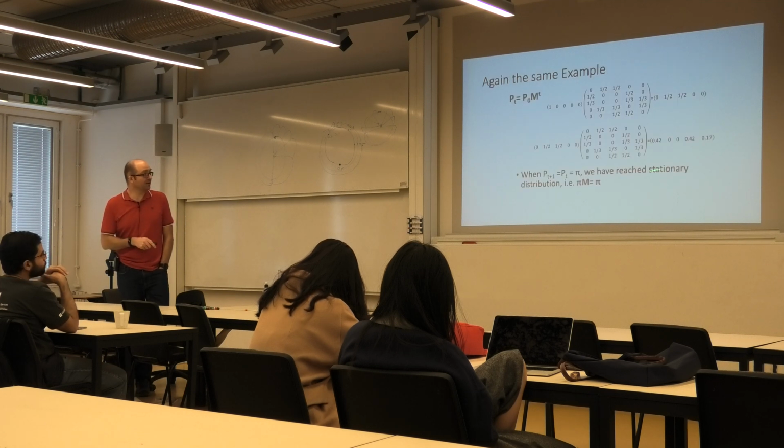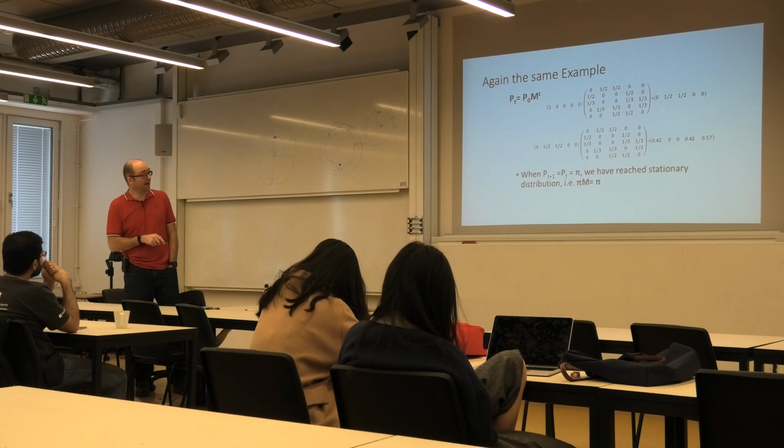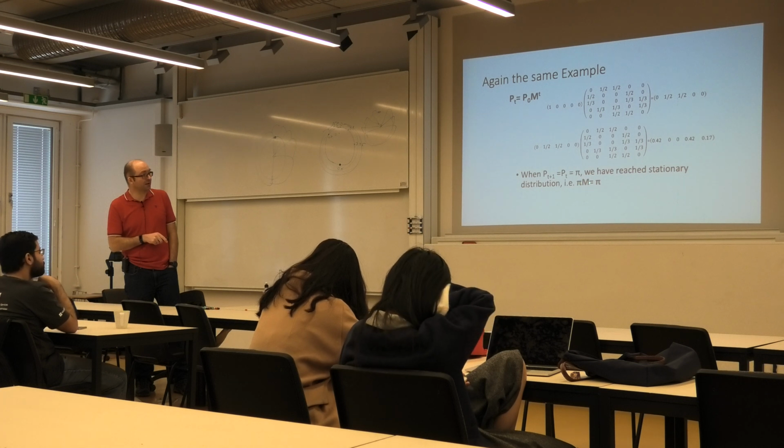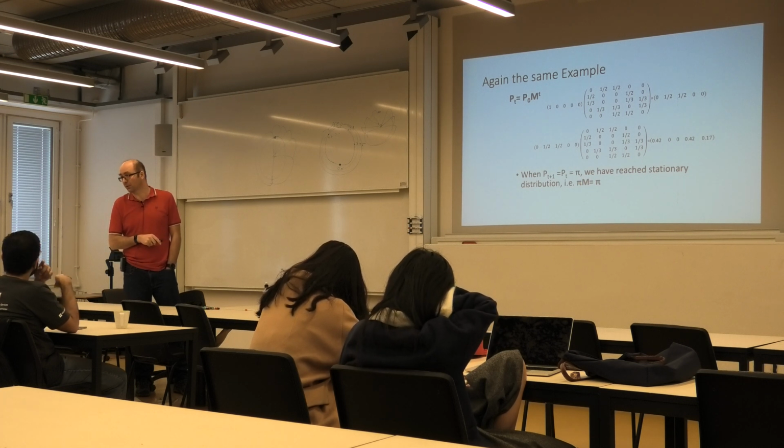But what is important is that at some point the vector p at time t plus 1 will be equal to the previous one, and we can call this vector pi. We can also write that if you multiply pi by the random walk matrix, it will spit out the same pi vector.